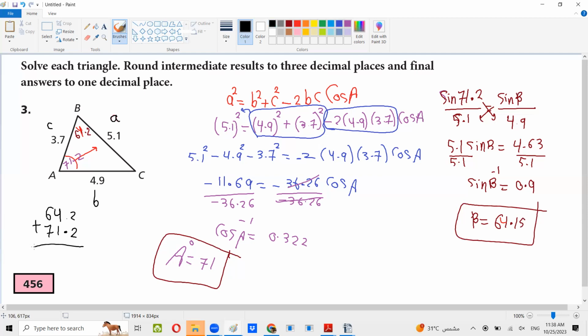Calculate with me, please. 180 minus the sum; the answer can't be negative. Okay, this is angle C, this is angle A, and here angle B.